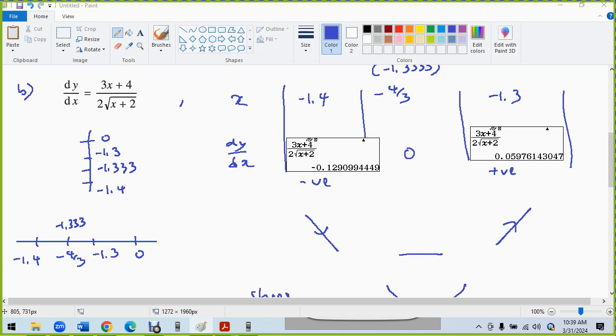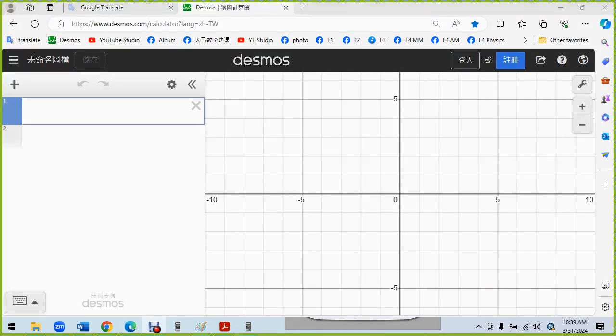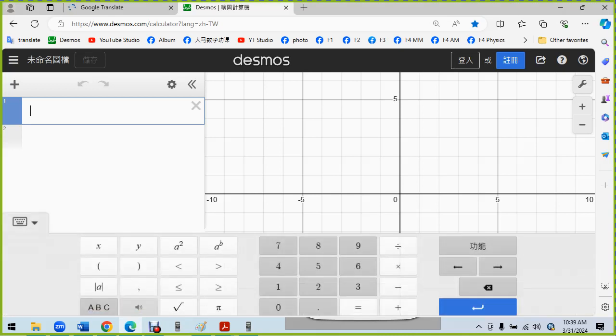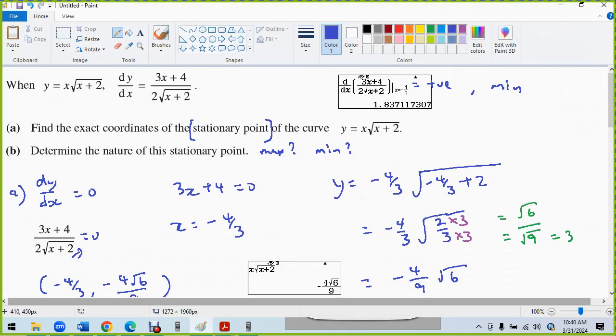Actually, if we don't want to do it this way, we have something easier. If not during the exam, we can use Desmos: y equals x square root of (x + 2). So it's not in the exam.